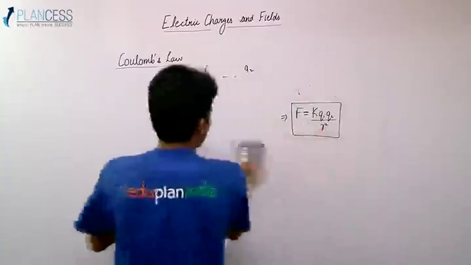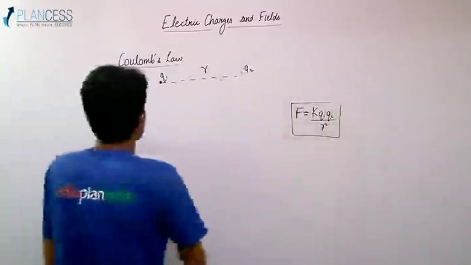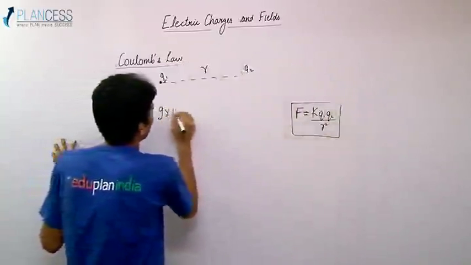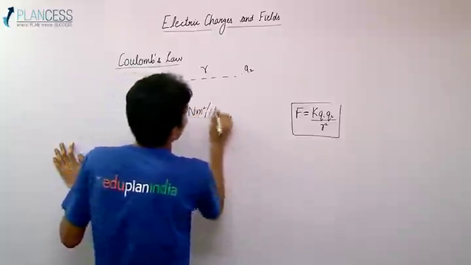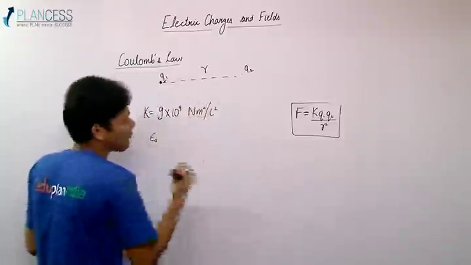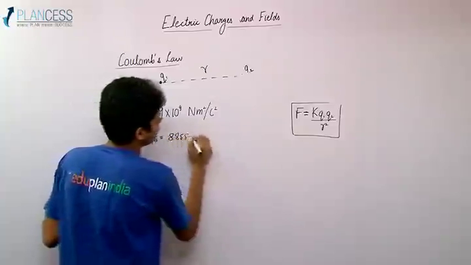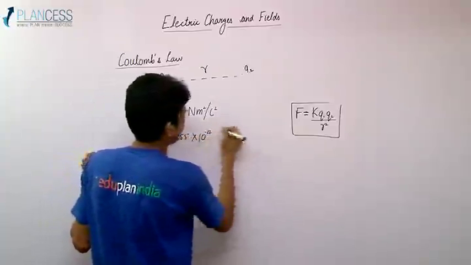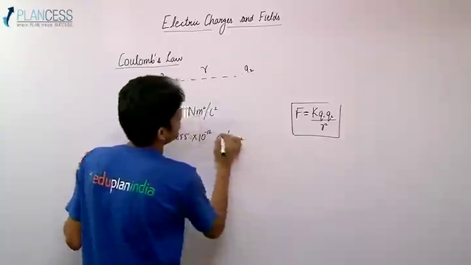The value of K, let's see the value of K. The value of K comes out to be 9 into 10 to the power 9 Newton meter square per coulomb square, and the value of epsilon naught, which is 1 by 4 pi K, comes out to be 8.855 into 10 to the power minus 12 coulomb square per Newton meter square.